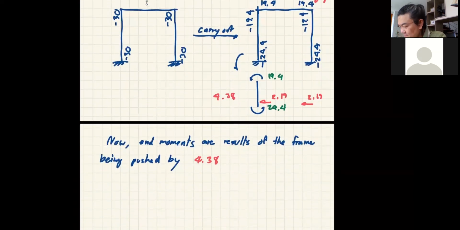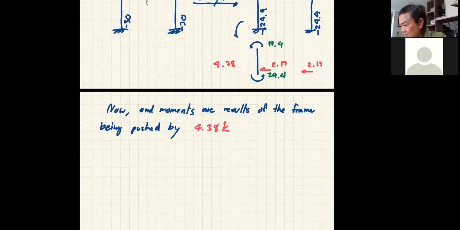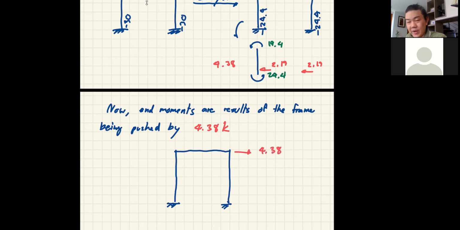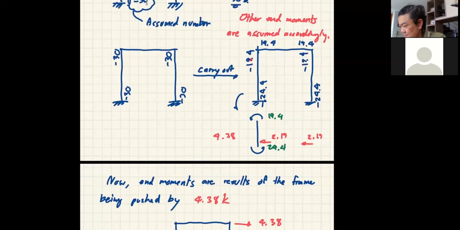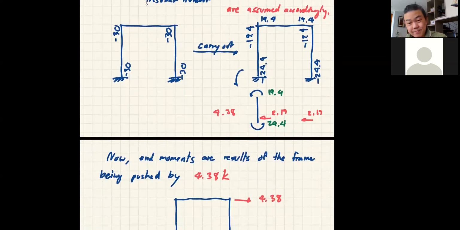Okay. Now you have this number. These are end moments, but these are the numbers based on the frame being pushed by this load.